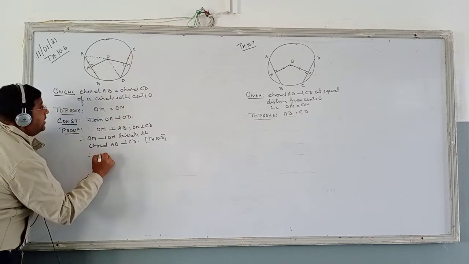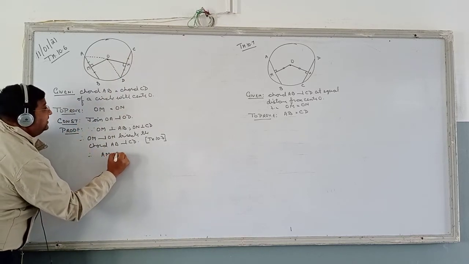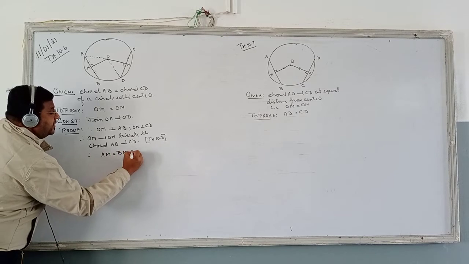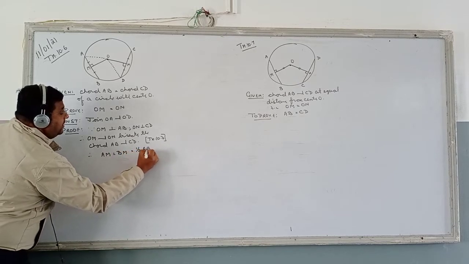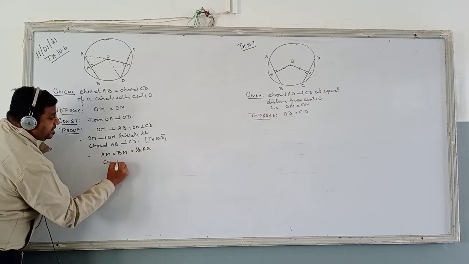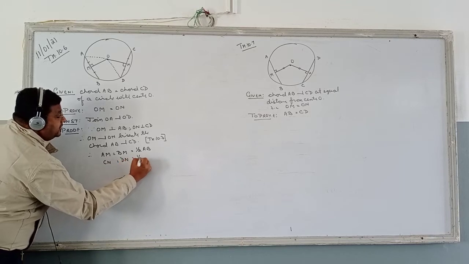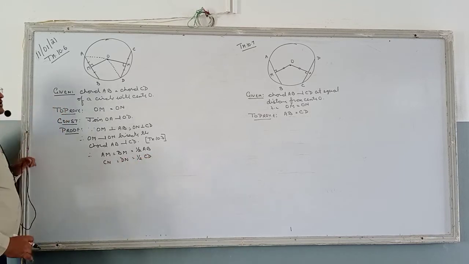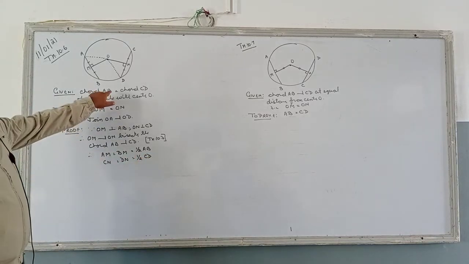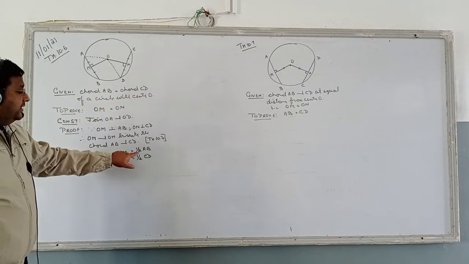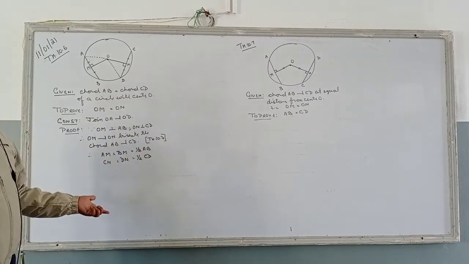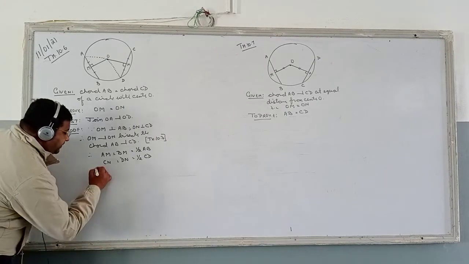So therefore AM equals BM equals half of AB, and CN equals DN equals half of CD. Now observe, if the chords are equal, will their halves also be equal? Definitely.